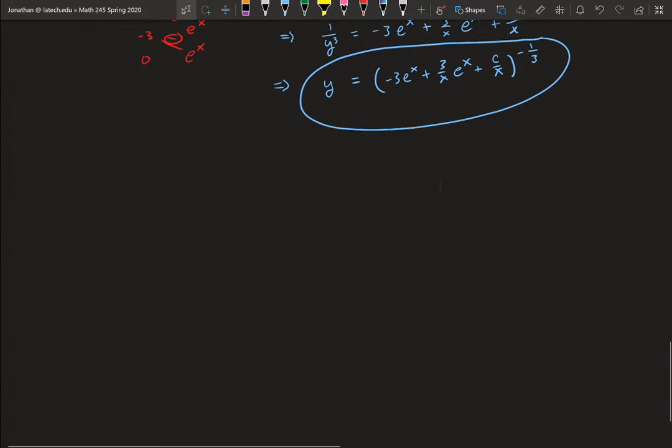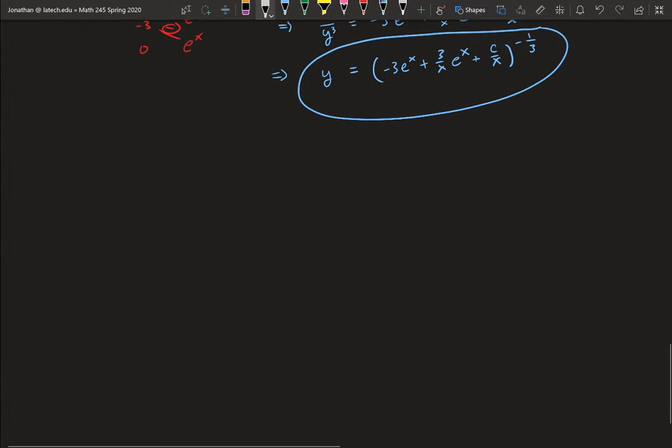So the last one is a particular type of substitution, and we'll just call it a substitution to reduce to separable.